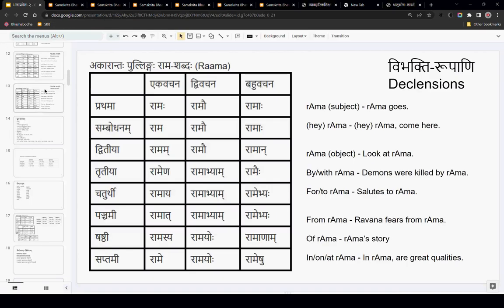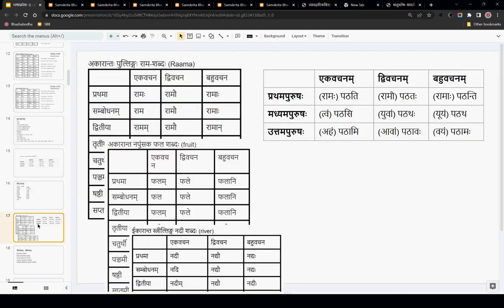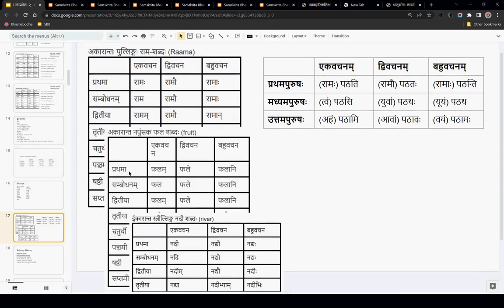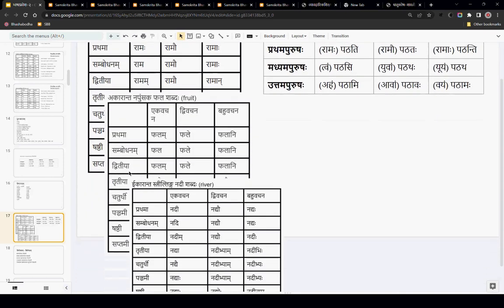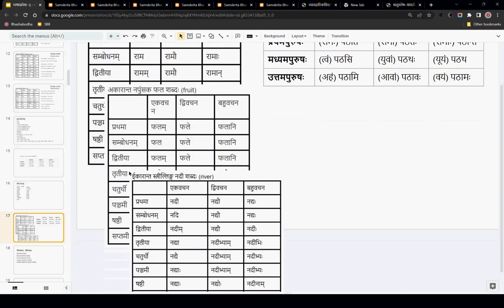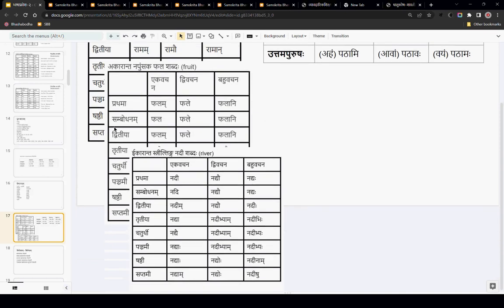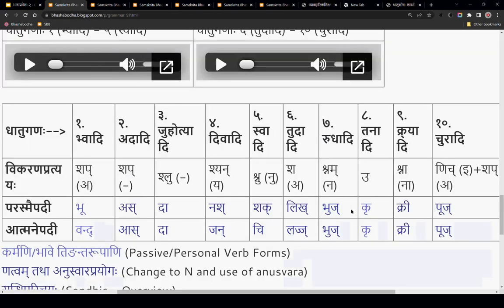Nritya. Pratipadikam. Nritya, right? Nrt. Not dhatu. Pratipadikam. Nartak. Nrityam.